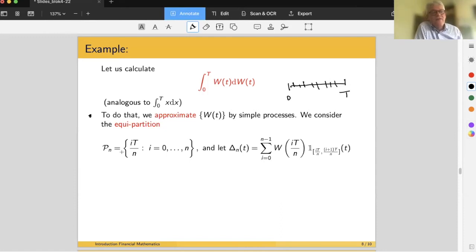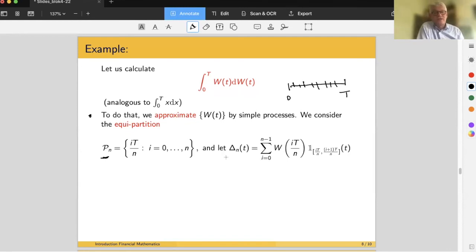So we have our partition, calligraphic P, it is i times T over n, and i is running from 0 to n. When i is equal to 0, we are at the left side. When i is equal to n, we are at the right side. And this is an equipartition. All sizes of the intervals are the same.